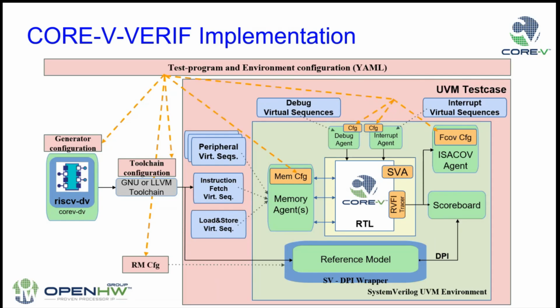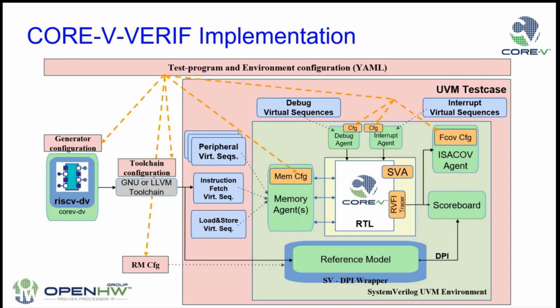There are a couple of additional things. On the far left-hand side is the instruction generator. This is the CHIPS Alliance RISC-V DV. We've been using this extensively for years. It's pretty good, not great, sufficient for what we do, I'll put it that way. That produces a RISC-V constrained random, pseudo-random test program that has to run through a tool chain to produce the machine code.